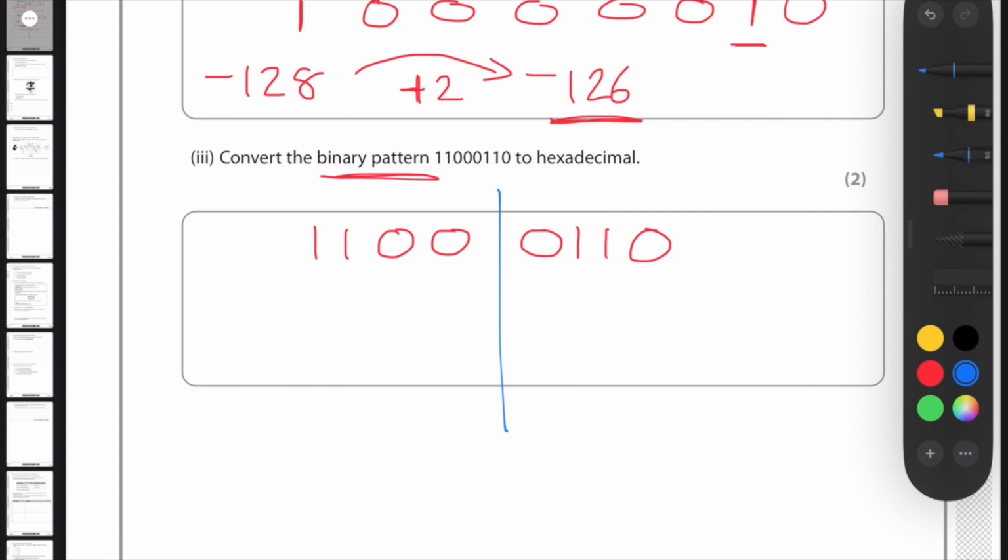On this side, I go 1, 2, 4, 8. And on this side, I go 1, 2, 4, 8. I'll start it here. I've got one lot of 4 and one lot of 2, so that must be 6, on this side. But on this one, I've got 8 plus 4, which equals 12.